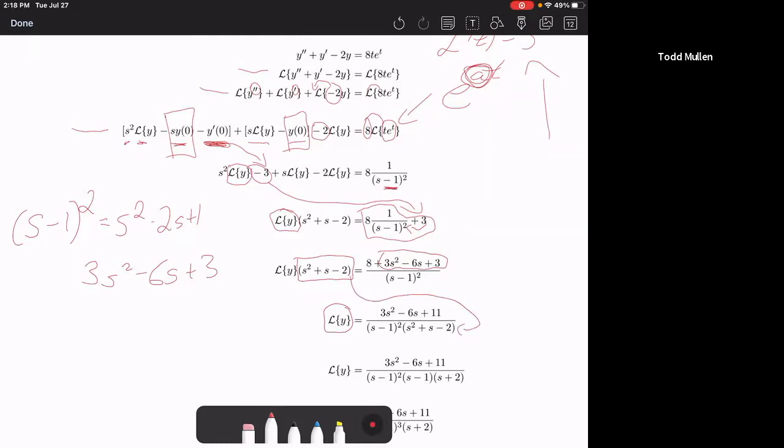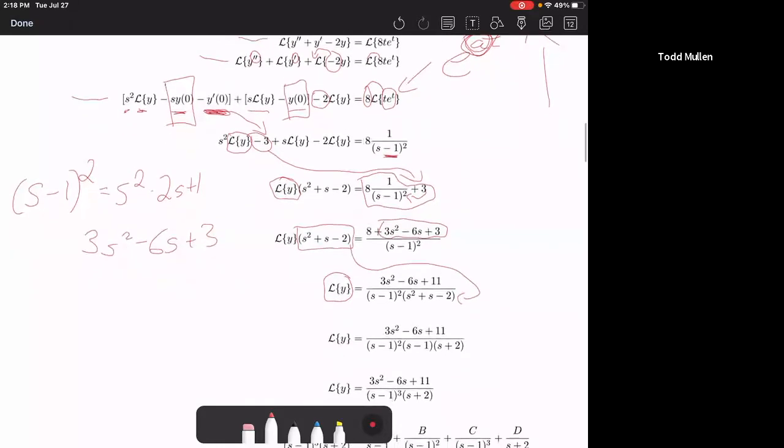And now we're going to factorize that, because s squared plus s minus 2, we want to find two values that will multiply to give us -2 and add to give us +1. So that's going to be s plus 2 times s minus 1.